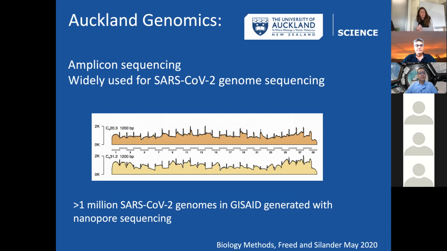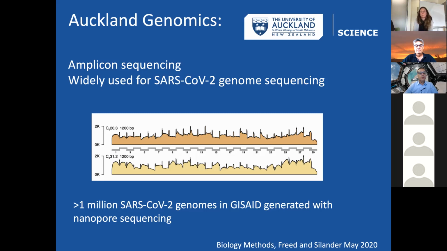Amplicon sequencing is another really big application, and the one that people are most familiar with probably is the way that long amplicons were used for SARS-CoV-2 genome sequencing. This is a 1200 base per amplicon panel called the Midnight panel that was developed by Nikki, sitting next to me, and Olin Seilander, and has been really widely used.